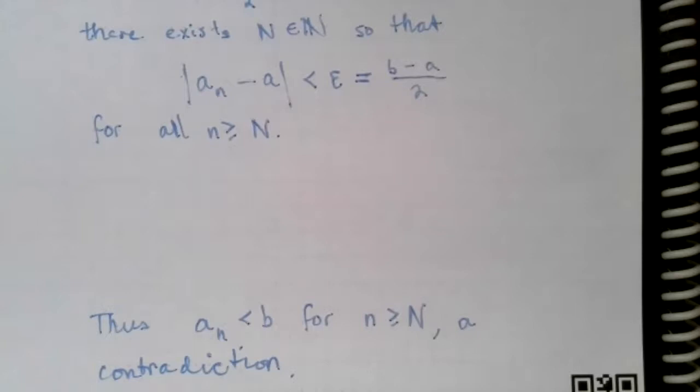Right, so what can I do? Help me out with some inequalities here. Can you take the absolute values off the A sub n minus A?